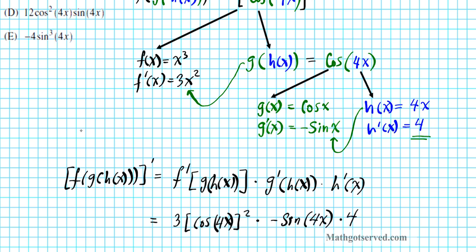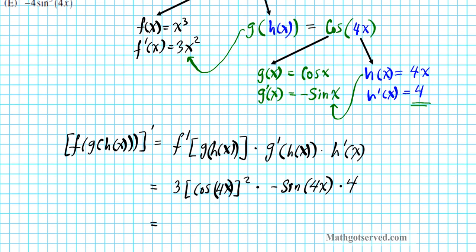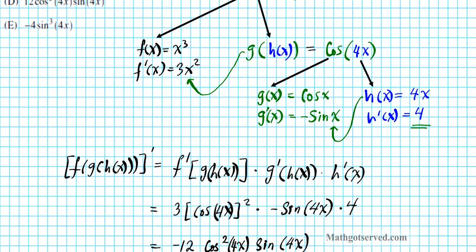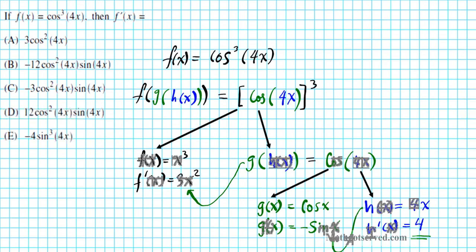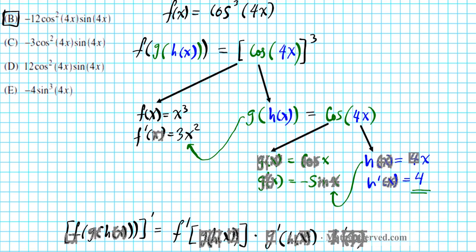Let's make our answer pretty so we can know what the correct option is. Multiply 3 times negative 1 times 4, you get negative 12 cosine squared 4x sine of 4x. So our answer for the first problem is option letter B. Let's make sure that's right.